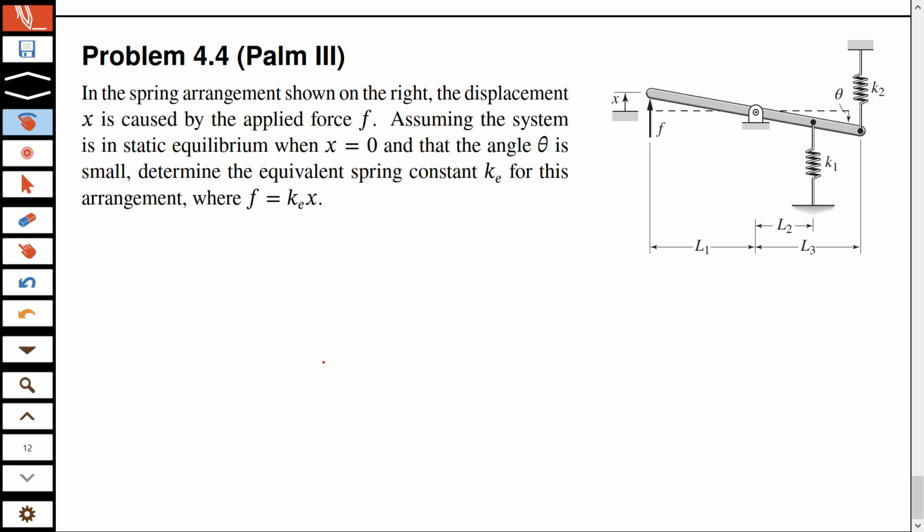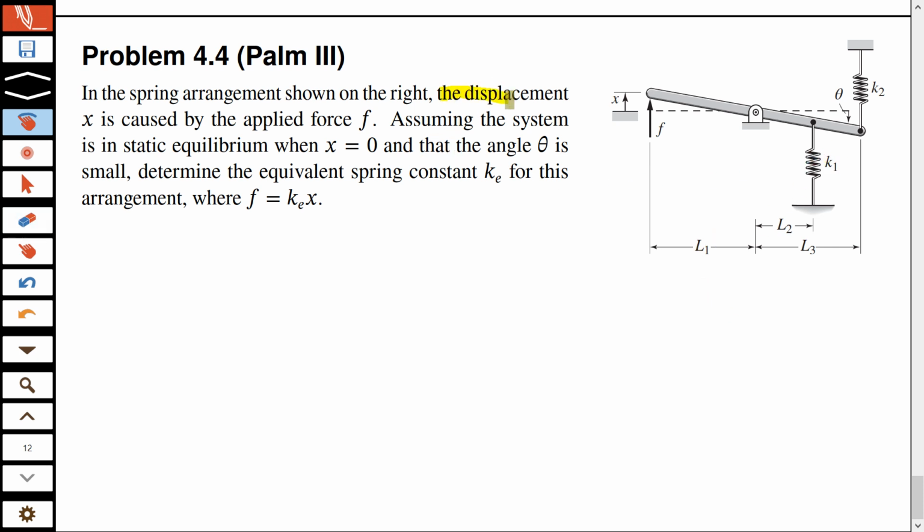Now the next one, this is also complicated, and I don't think this is a case of series or parallel, but we still need to solve the problem. So you have an arrangement of springs on the right. Basically you have two springs with constants K1 and K2.